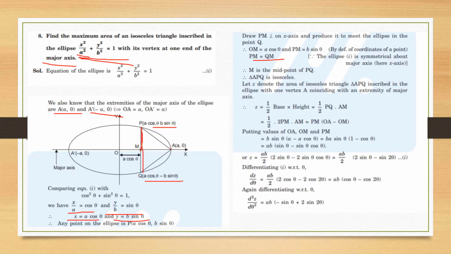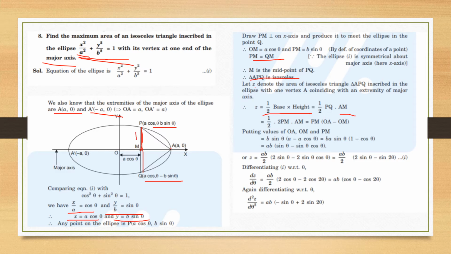Now M is the midpoint of PQ. That means APQ is an isosceles triangle, and Z denotes the area. Area is half into base into height, that is half into PQ into MA. PQ can be taken as 2 times PM, as it is symmetrical on both sides.